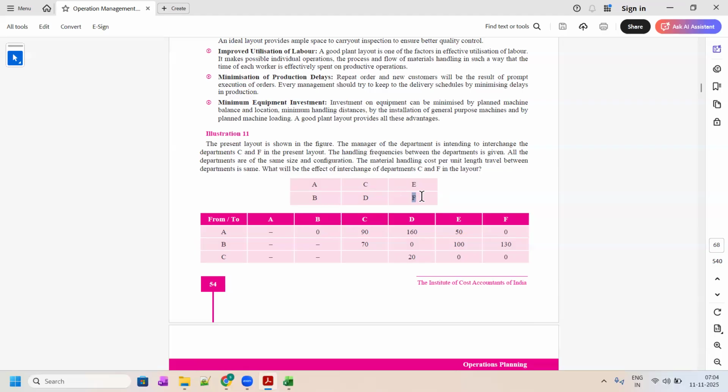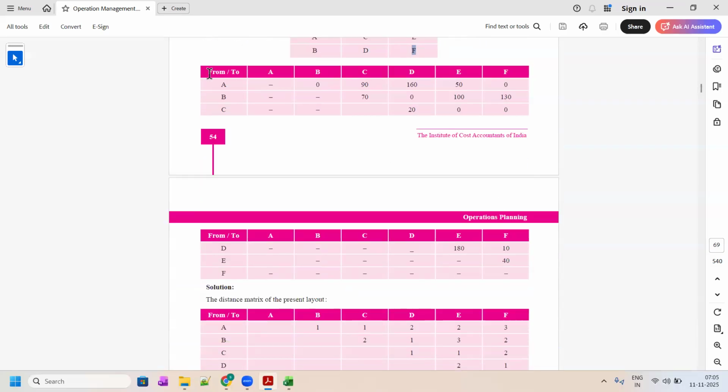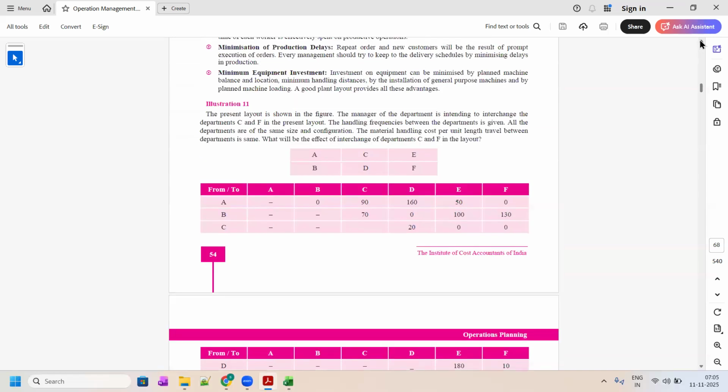The handling frequency between the departments is given to us, as per the numerical. All the departments are of the same size and configuration. The material handling cost per unit length of travel between departments is also the same.